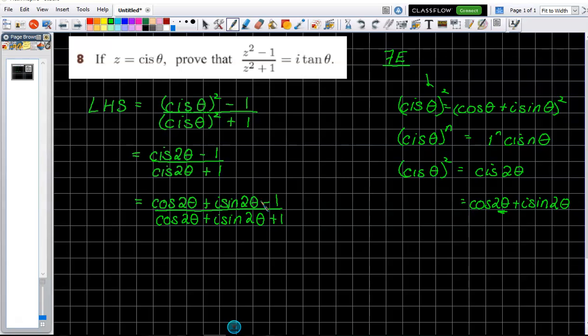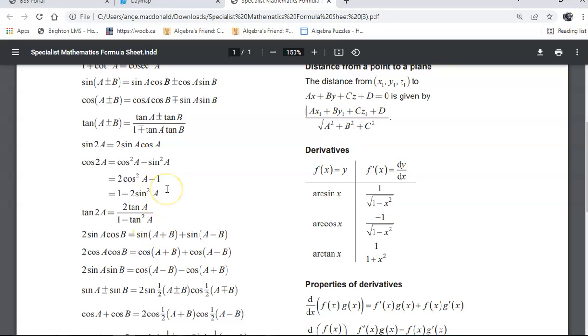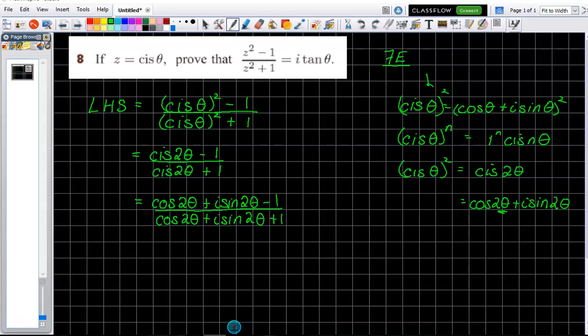While we're there, what are we looking at with the sine 2 theta? That can also be replaced with 2 sine theta cos theta. So go ahead, have a crack, make your choices for cos 2 theta and sine 2 theta, and see if anything happens.